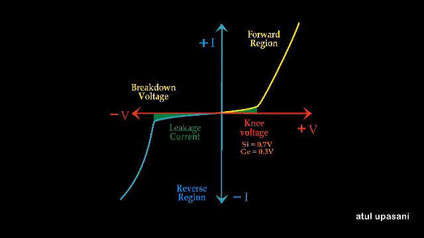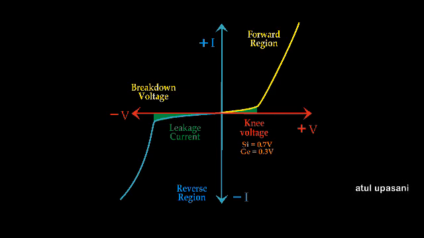So up to reaching the potential barrier voltage, there will be a very small current which will increase when the diode is forward biased. If the diode is of silicon type, the potential barrier present in the silicon diode is 0.7 volt.